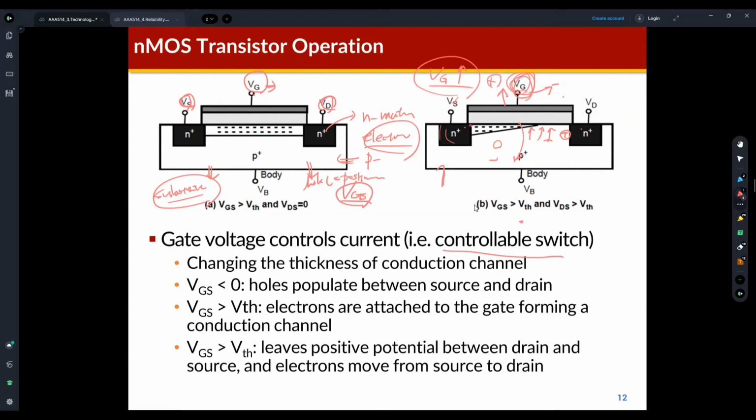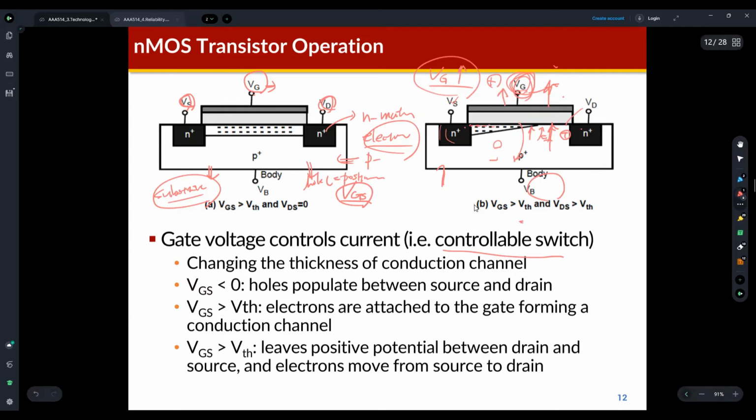So some very shallow channel is generated, and this shallow channel has more electrons. The voltage level is high, so electrons in the P substrate move near the gate port.